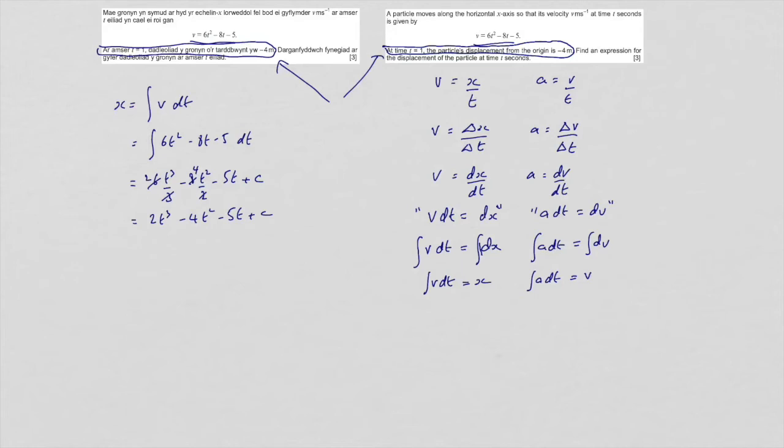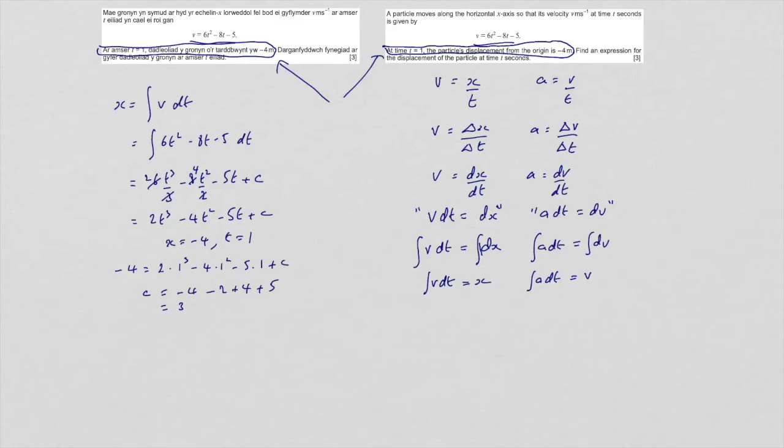It says that the particle displacement is minus 4, so x is minus 4 when t is equal to 1. So we can substitute those into the work we've done so far. So we have minus 4 is 2 times 1 cubed, take away 4 times 1 squared, take away 5 times 1, plus c, and that means that c equals the minus 4, take away 2 from the 2 times 1 cubed, plus the 4, plus the 5, which gives us 3.